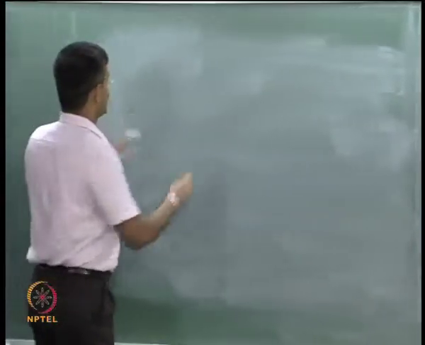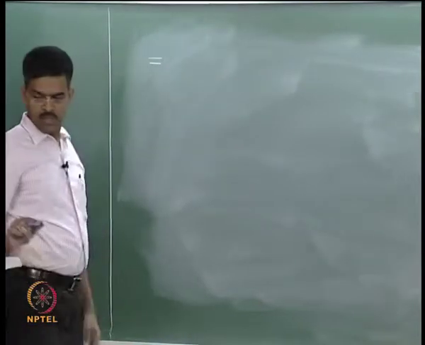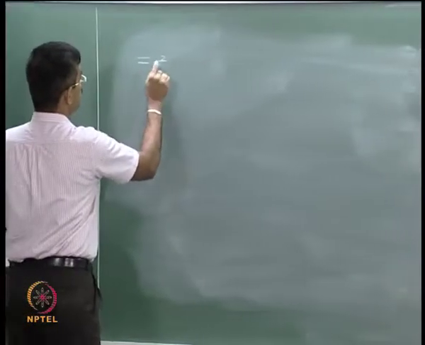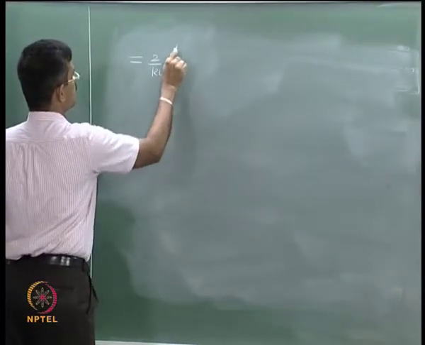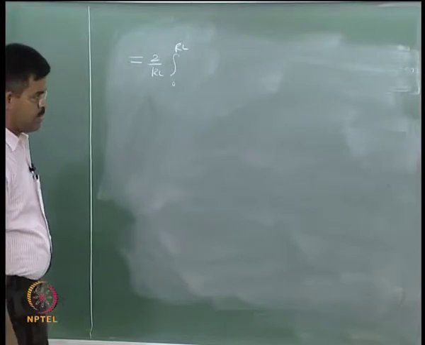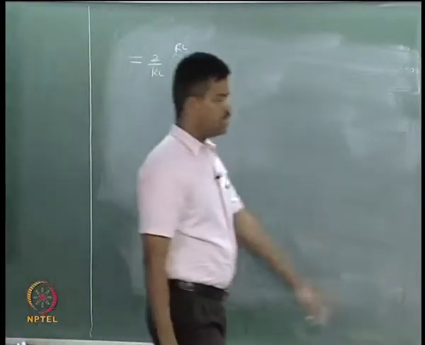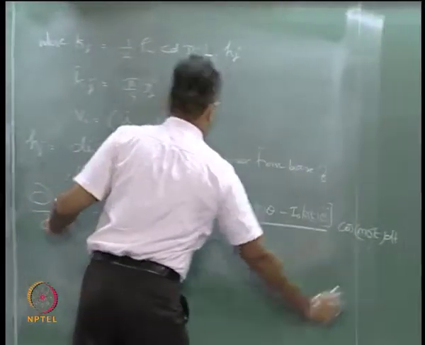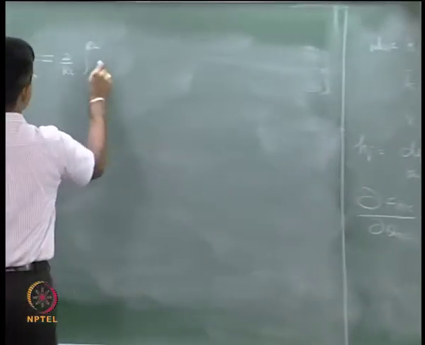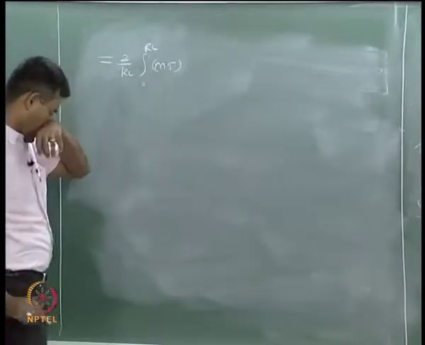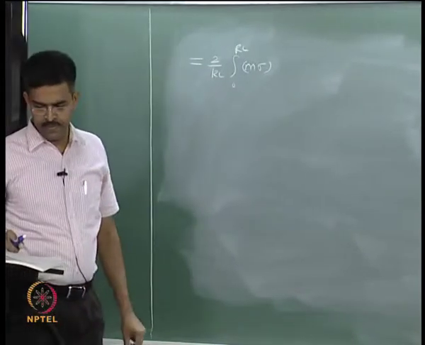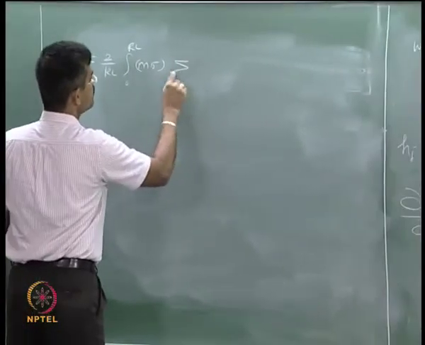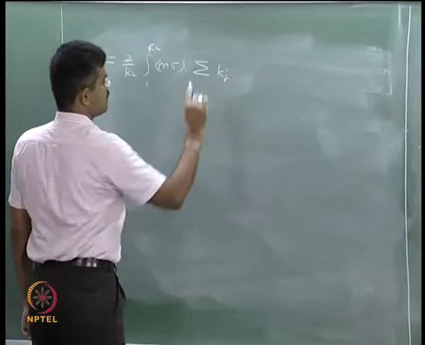Let me do it here. That is going to be equal to 2 by record length of the integral from 0 to record length of, so I am taking a derivative, there is a cos m sigma, so m sigma, summation of kj.